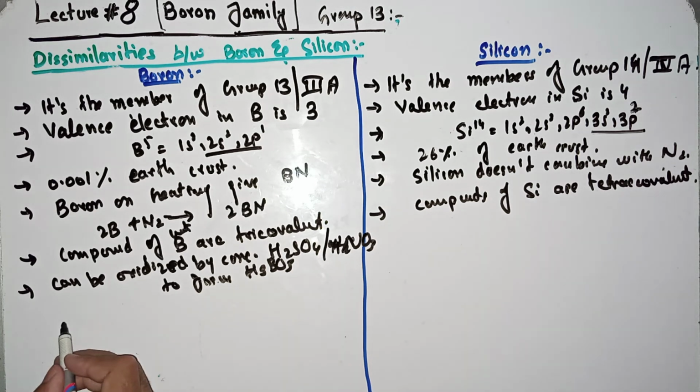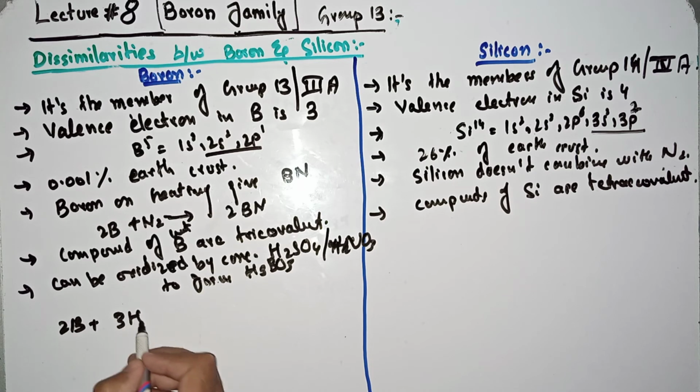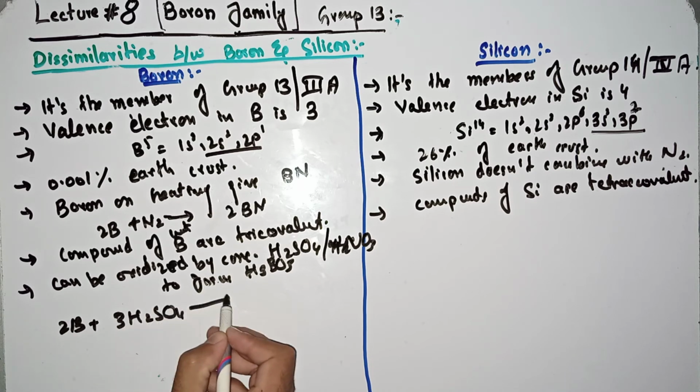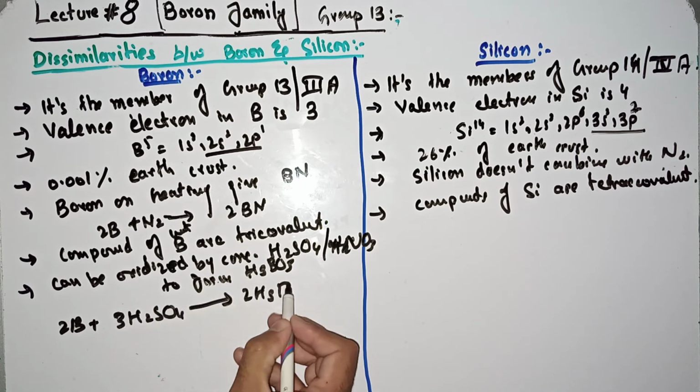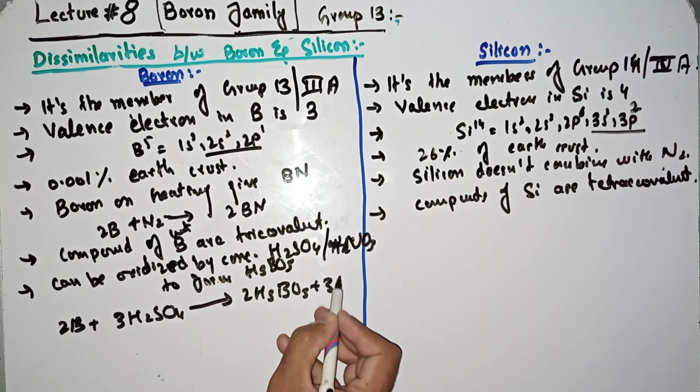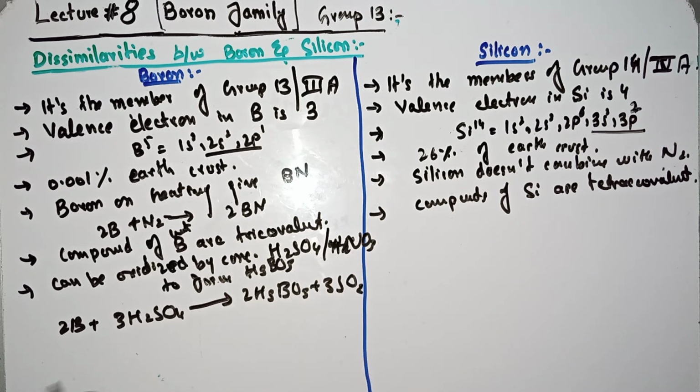For example, when 2 boron react with 3H2SO4, it produces 2H3BO3 plus 3SO2, sulfur dioxide is generated.